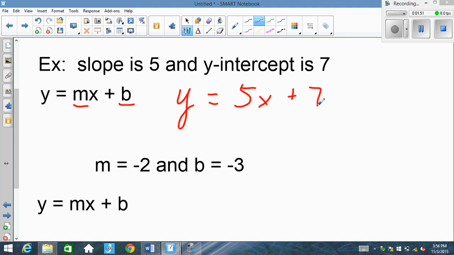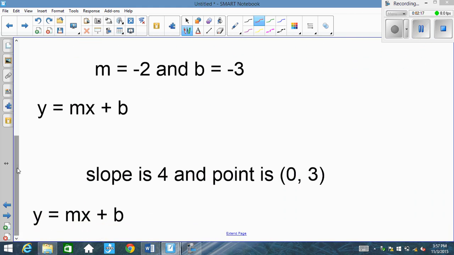And remember, the 5 is the same thing as a rise over run of 5 over 1. If we are given that m is -2 and the b is 3, again, we give you the slope and the intercept.